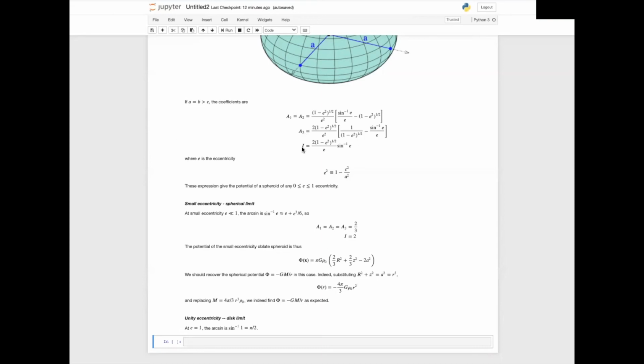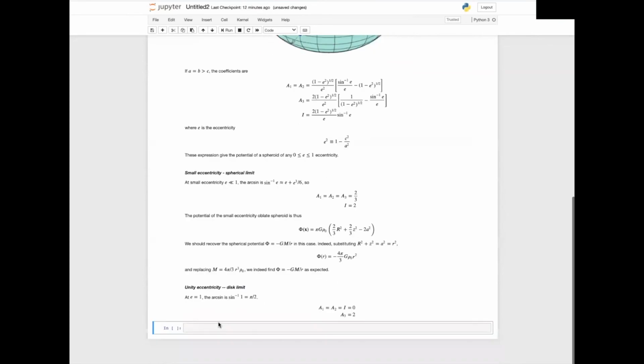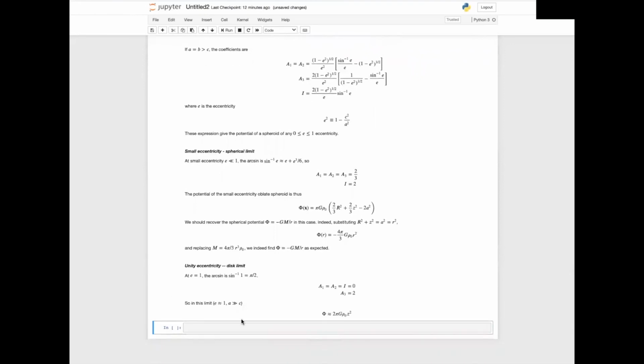And you can see that I is going to be 0, because E here is equal to 0, because this term here cancels. So these are the coefficients: A1 equal I equals 0, and A3 equal 2. So back in the potential, this is the potential for a very flattened distribution, for a very flattened spheroid, almost like a disk. And this is identical to the potential that we found for the thick disk inside the disk.